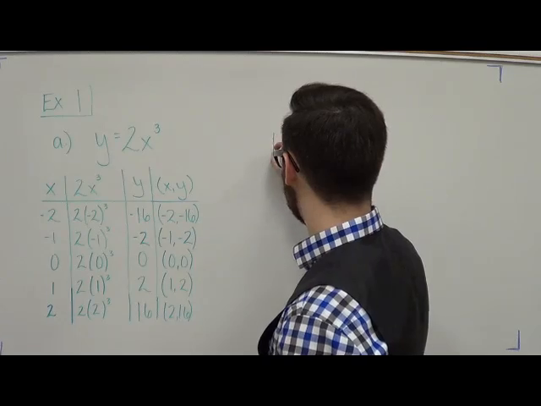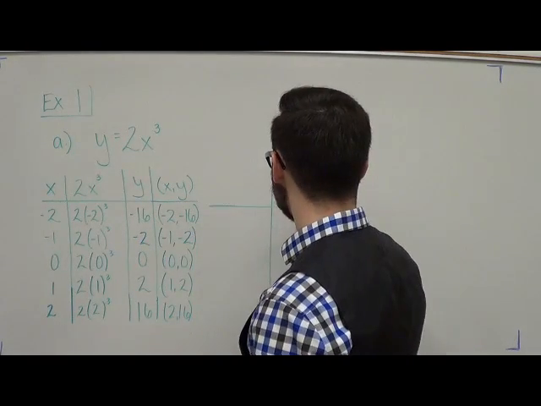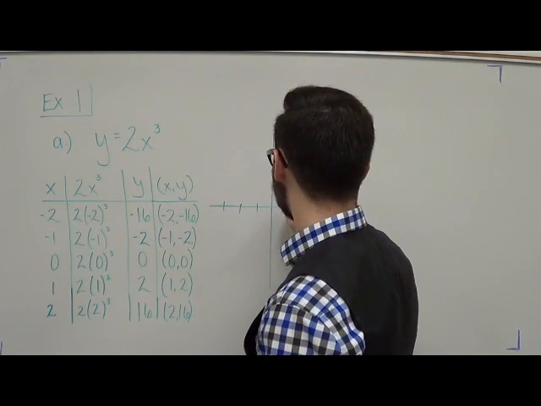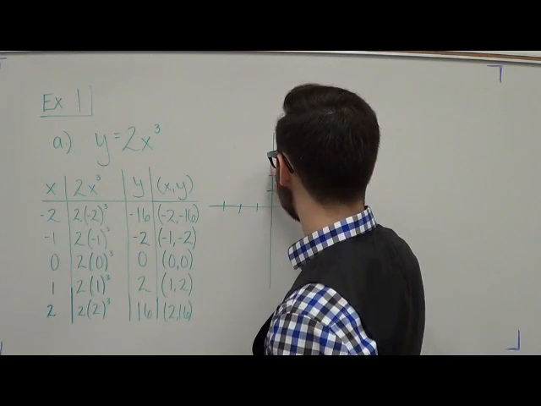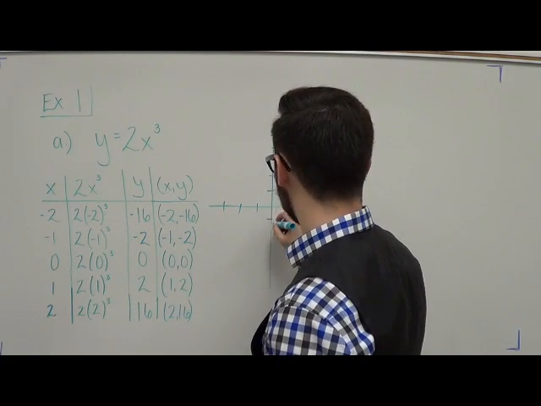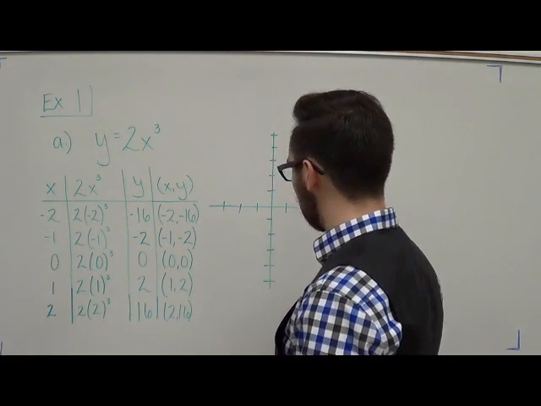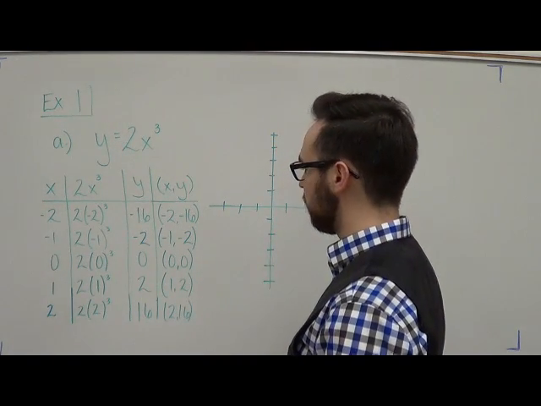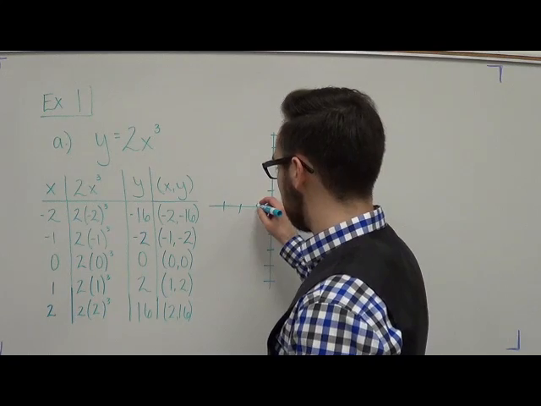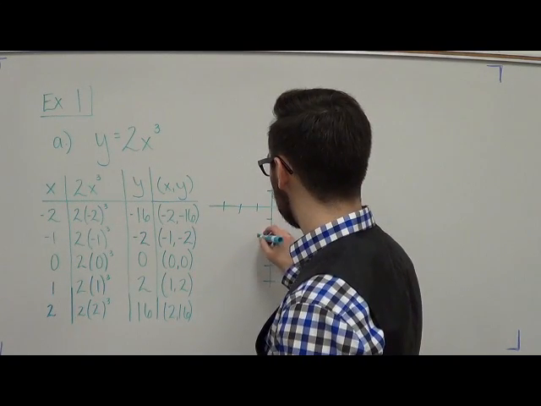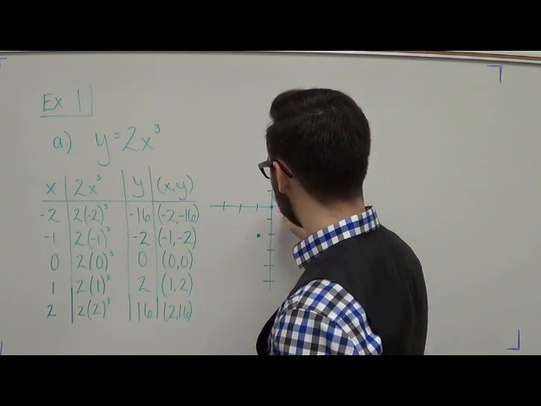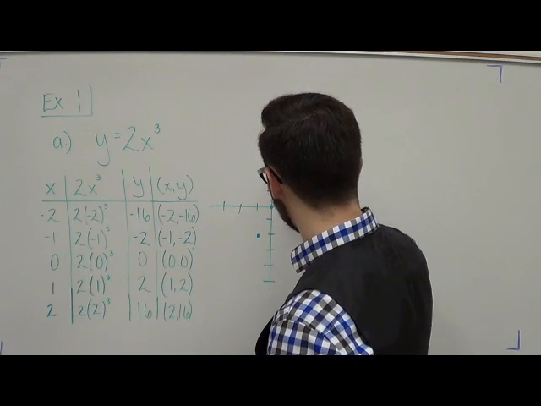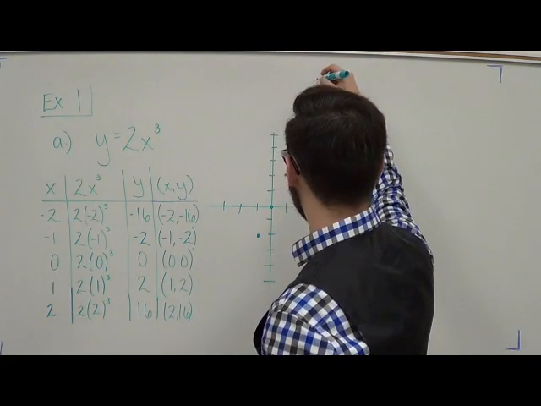So if I were to graph this, we end up with negative 2, negative 16 is all the way down here somewhere. Then we have negative 1, negative 2. Go through 0, 0, 1, 2, and then 2, 16 all the way up here somewhere.